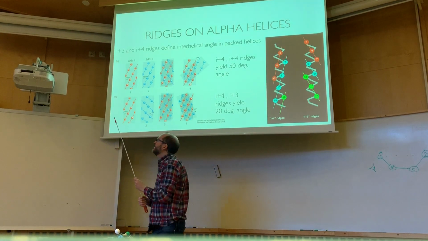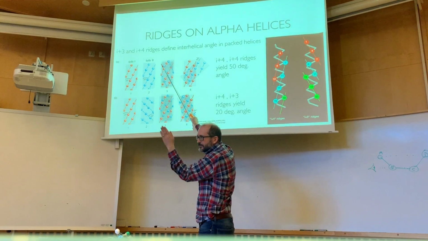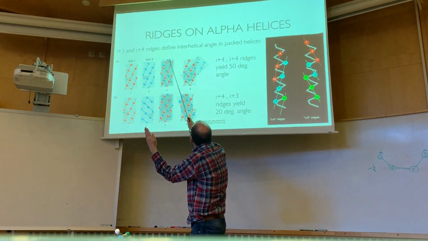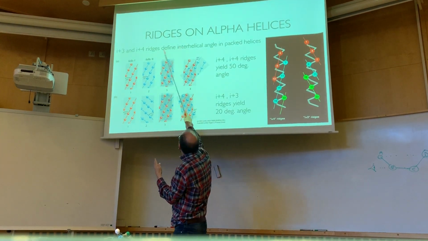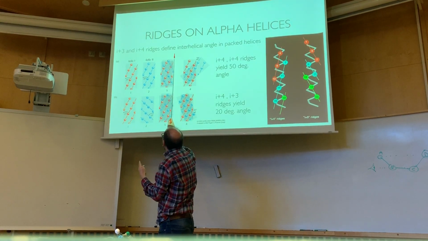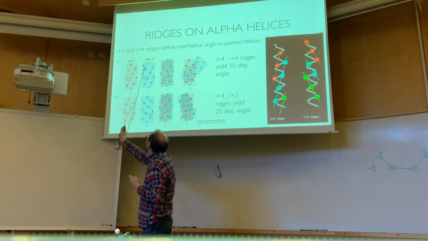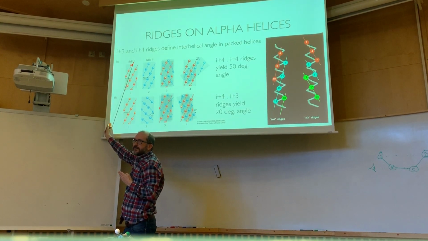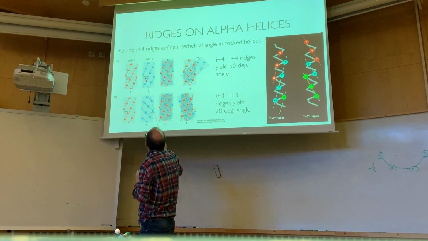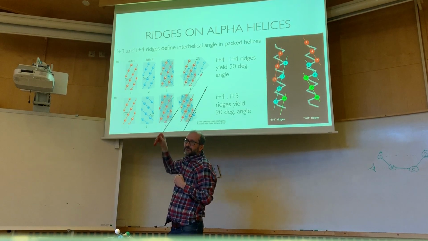So on the back side it looks like this, to the left. The way you're going to stack these up is that you have to rotate this one 25 degrees just to get the threads vertical, and another 25 degrees so they align with these threads. So 25 plus 25 gives you an interhelical angle of 50.